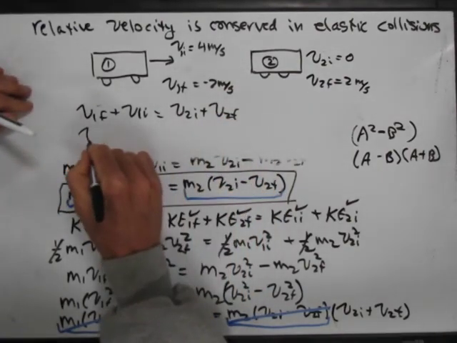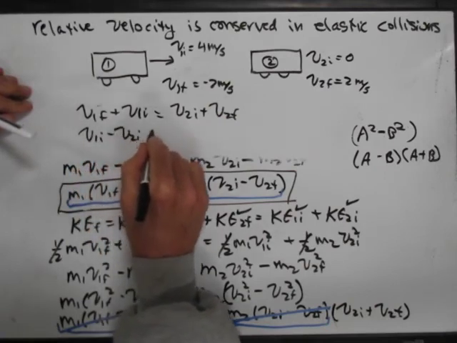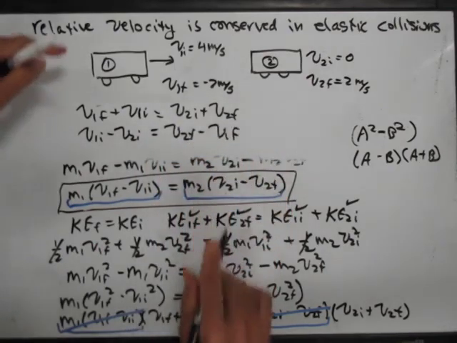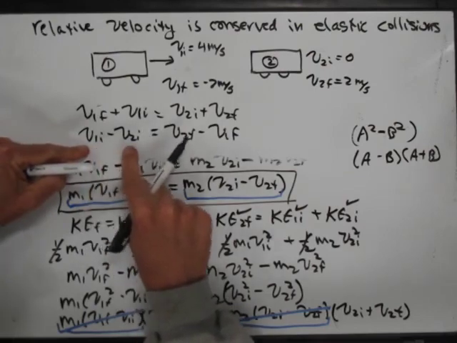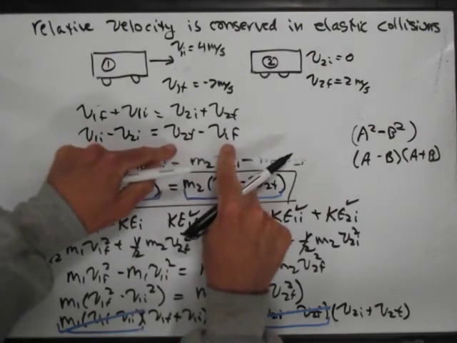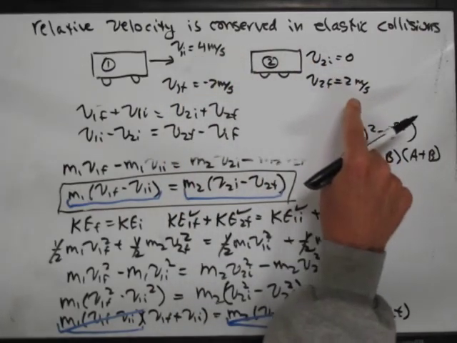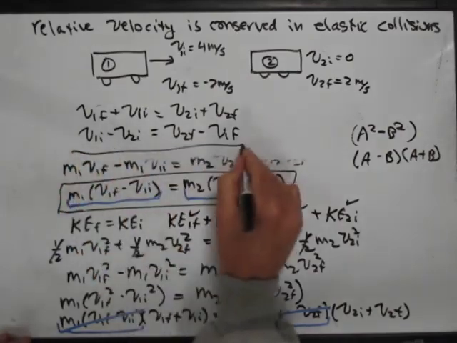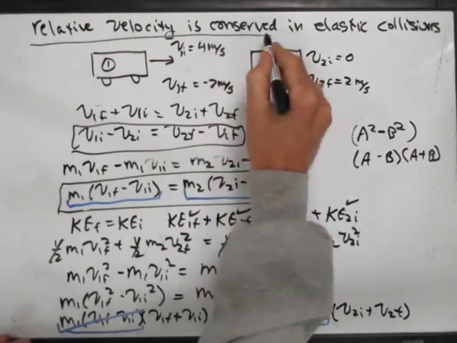And so I get V1 initial minus V2 initial equals V2 final minus V1 final. These are the relative velocities. The first one minus the second one initially equals the second one minus the first one finally. It's the 4 minus the 0 is equal to the 2 minus the negative 2. And so this gives you conservation of relative velocity.